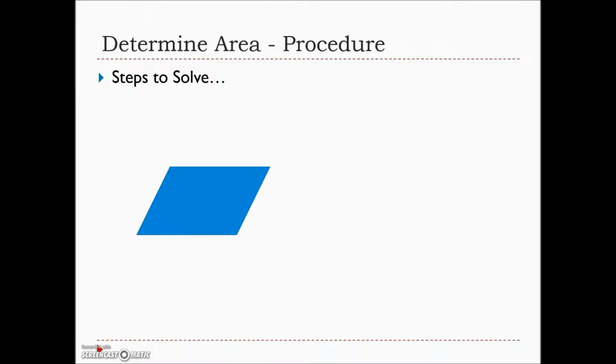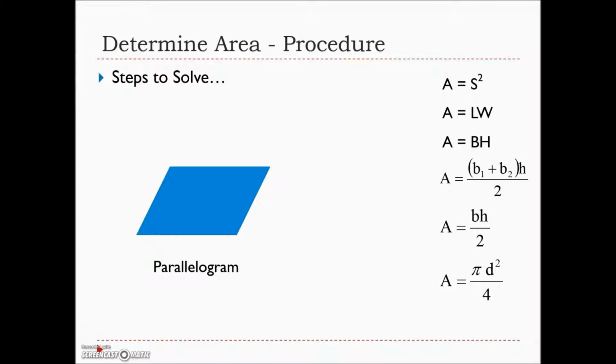To determine the area, there are some steps to solve. For example, for a parallelogram, we need to first determine the correct formula for the parallelogram, base times height. Next, we need to determine which measurements are the appropriate ones to use. We need the base and the perpendicular height to the opposite side of that base measurement.